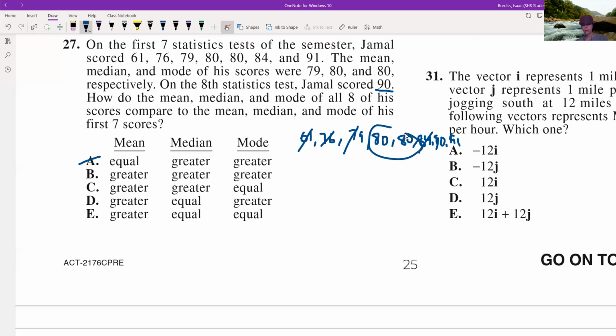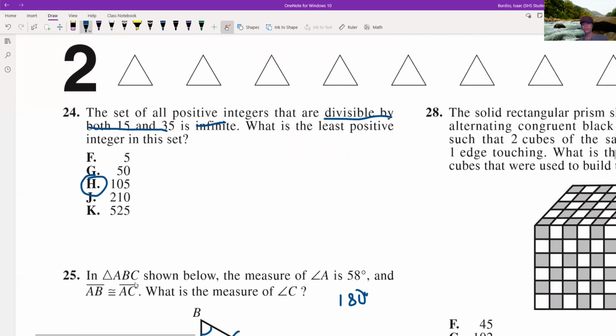Well, you have to take the average of the two things that are in the middle since it's like that, and that's still 80. And it already was 80 originally, so it's going to be equal. So cross out B and C because median is equal. Mode is the number that appears the most. What is the number that appears the most? Still 80, so E. Okay.